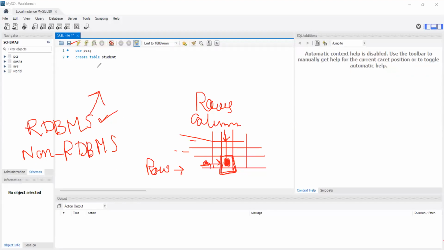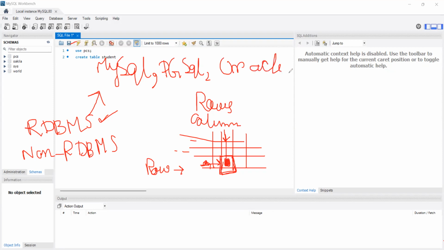So the examples are MySQL, PGSQL, Oracle, SQLite, all are SQL databases. There is also IBM DB, IBM's inbuilt database server.